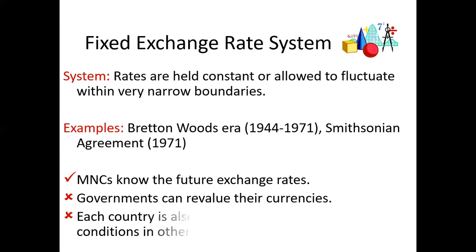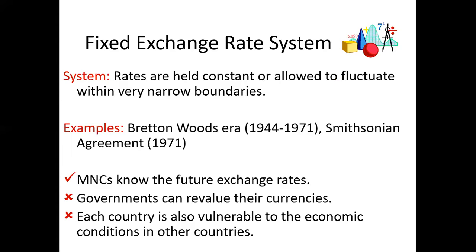Now, with the fixed exchange rate system, what this meant was that governments will meet. In the olden days, several governments would meet. Some of the agreements were called the Bretton Woods agreement, Smithsonian and all that.